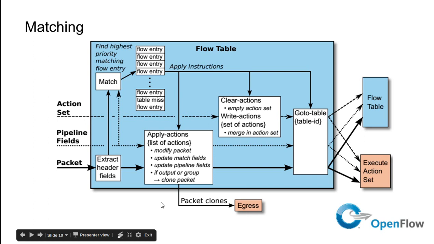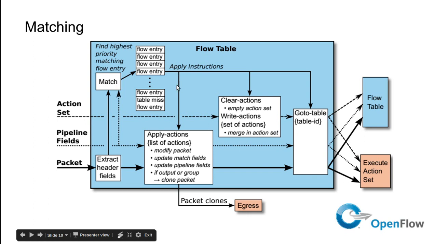So here again we have the matching process. Basically, when the packet enters, it goes to our flow table. In the flow table we have several flow entries.